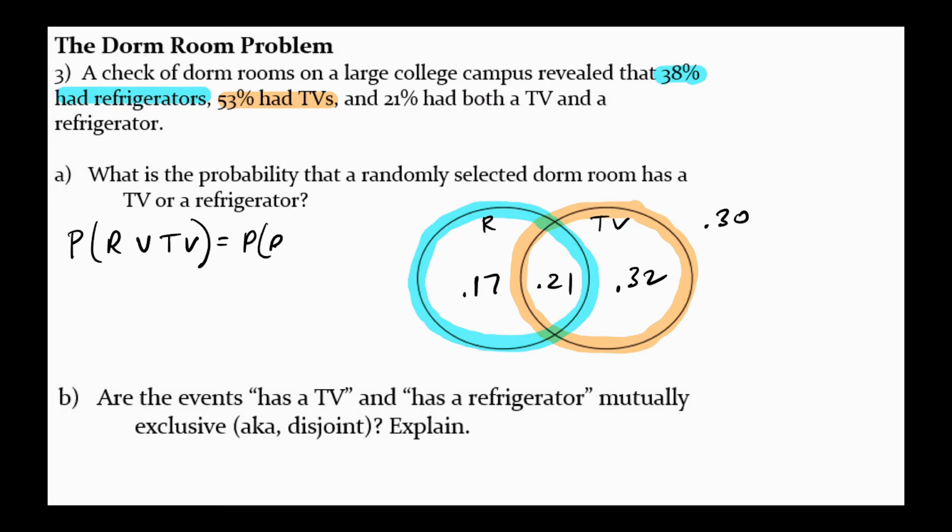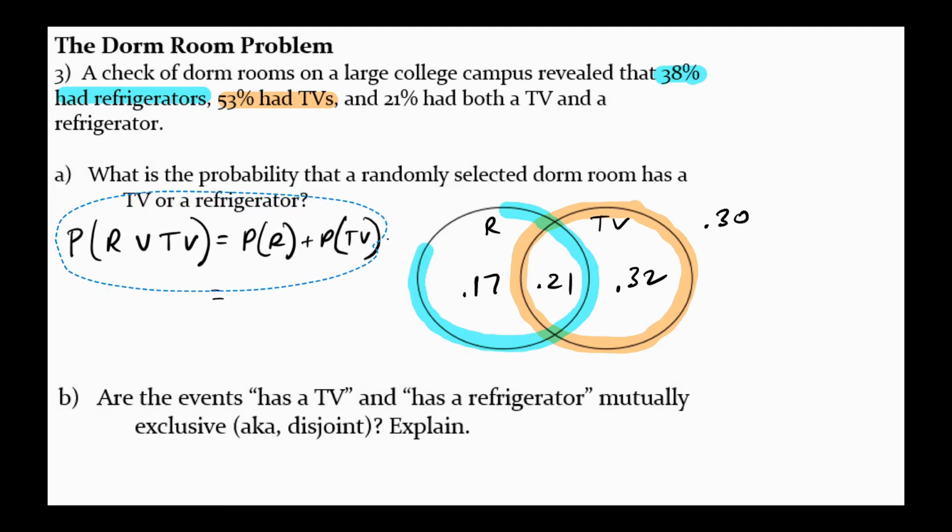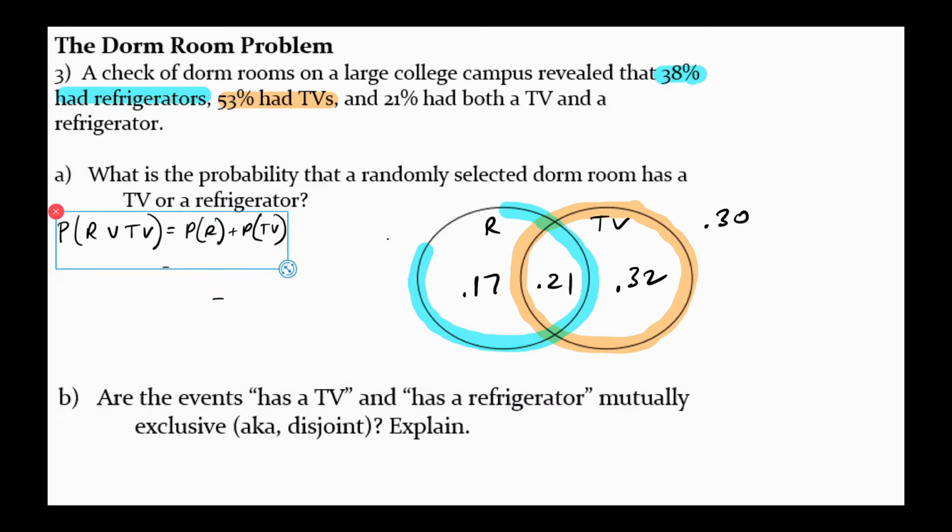We've got to find the probability of a refrigerator plus the probability of a TV minus any overlap, minus the probability of R and TV.